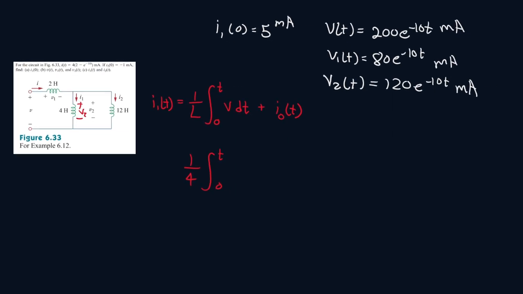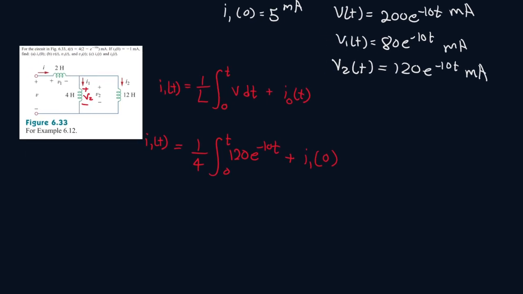Because to find the voltage of an inductor, it's pretty much the difference of voltage from here to here. So it's going to be V2 here, so it'll be 120e^(-10t), plus I0. I0 will be I1 at t equals 0. So it's at the very start, like pretty much what I1 was at the very start.